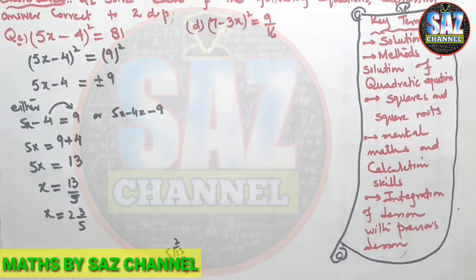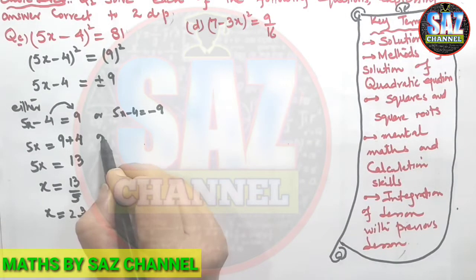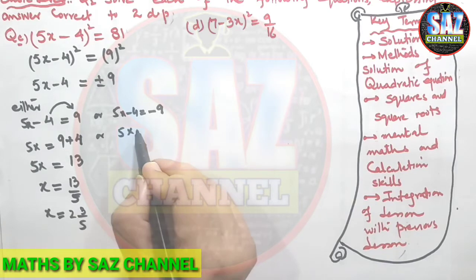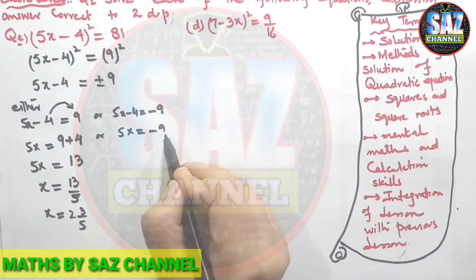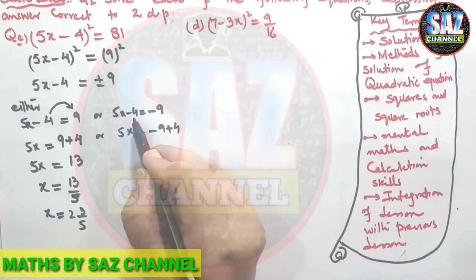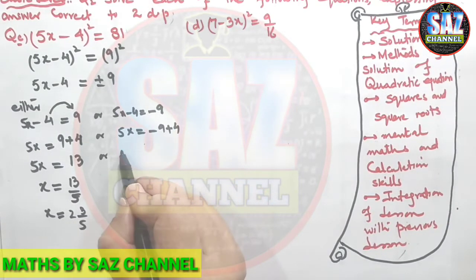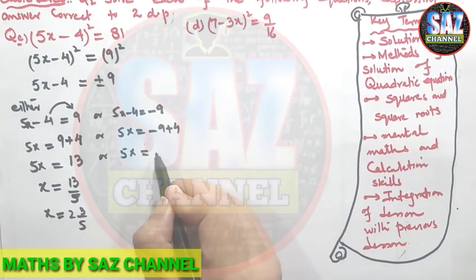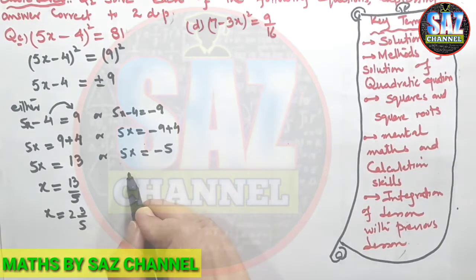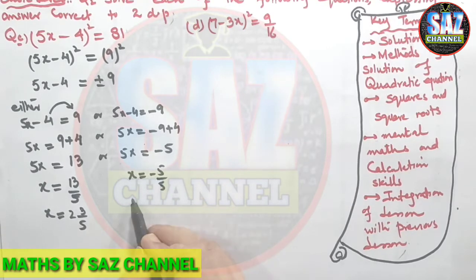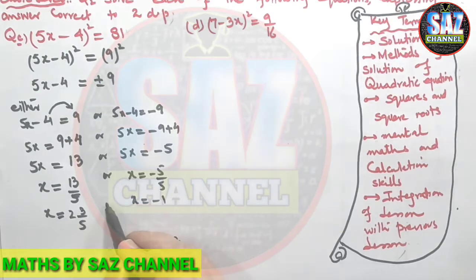Coming to the other part of the question, 5x - 4 = -9. 5x = -9 + 4, because when I shift this minus 4 to other side, it will become positive. 5x = -5 and x = -5/5, or x = -1.